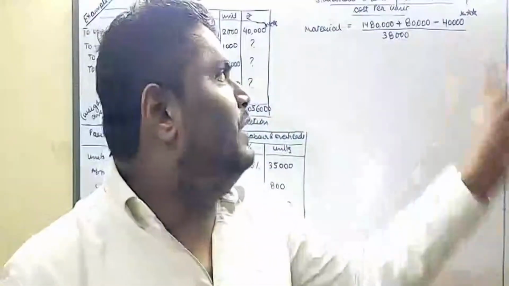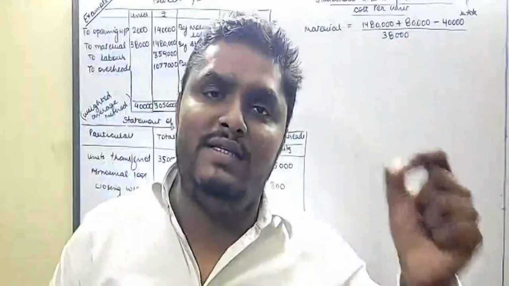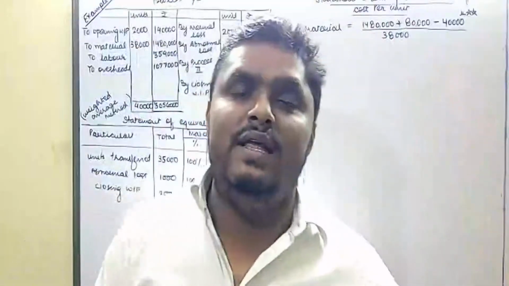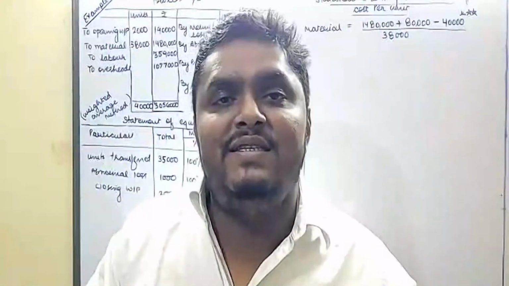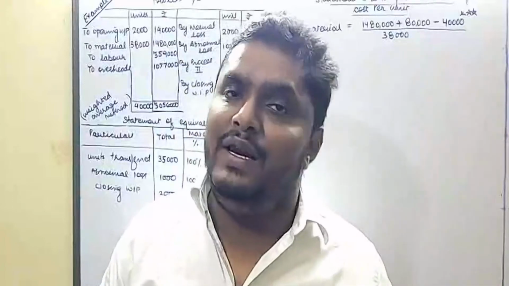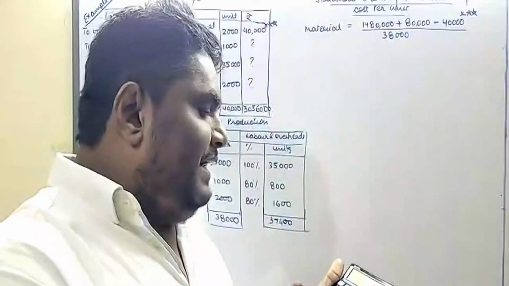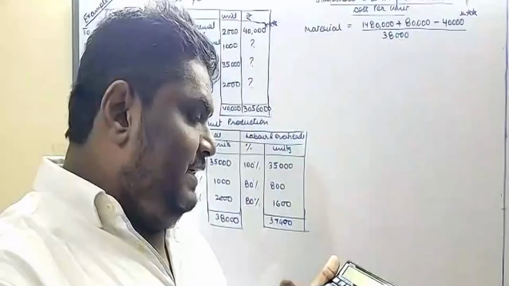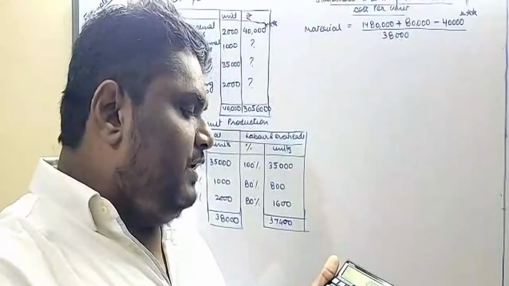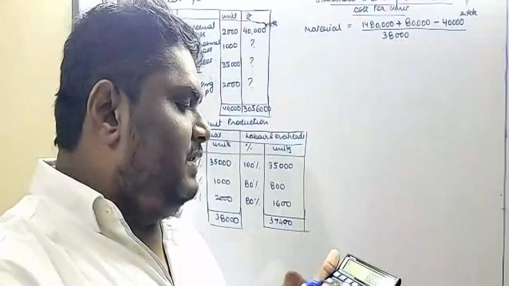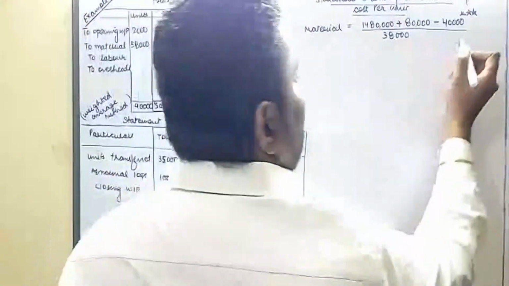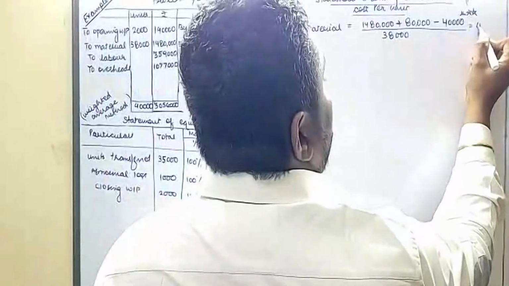I repeat again, 14,80,000, the cost incurred this year, plus 80,000, the cost of material incurred in the previous year, minus the scrap value realized on sale of normal loss. So 14,80,000 plus 80,000 minus 40,000 divided by 38,000. So my cost will be rupees 40 per unit.